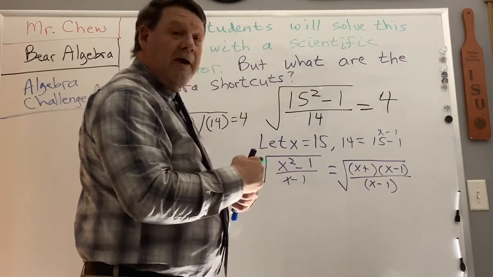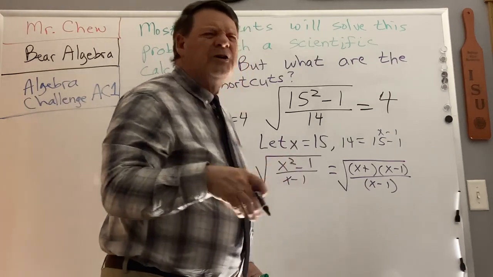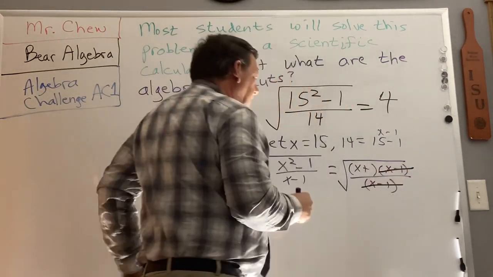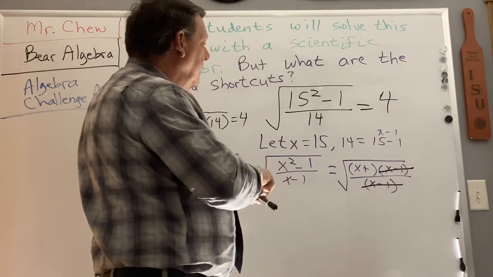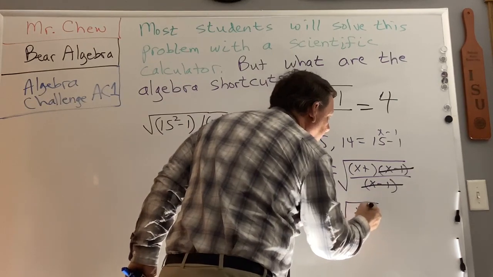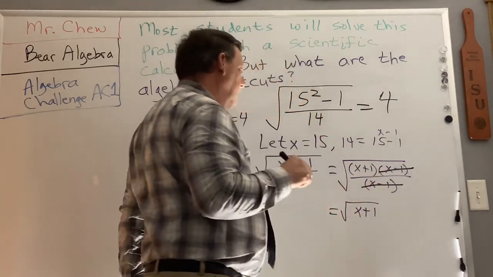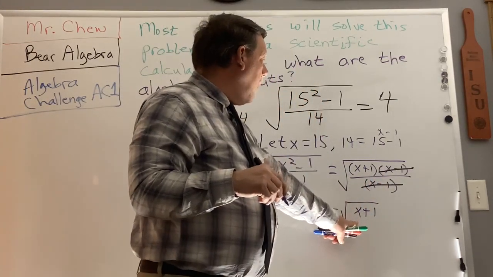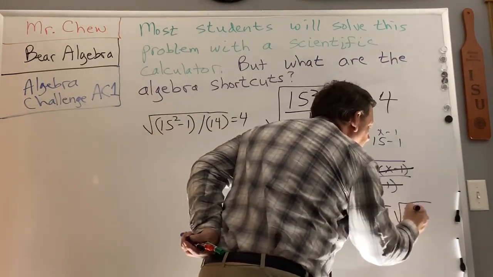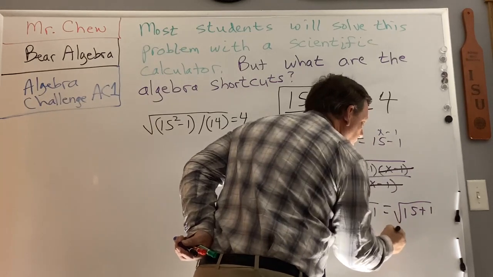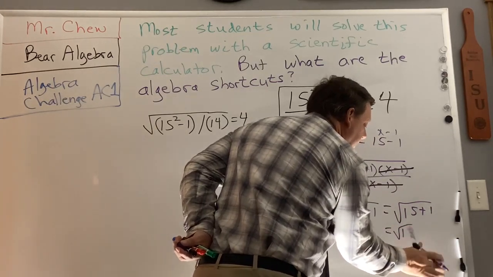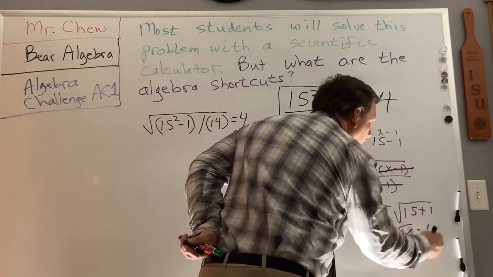So I can cancel, and most teachers will say you're canceling it, you're really dividing by the same common factor. And look what you have left. You have the square root of x plus 1. All right, so what is my x? 15. And the square root of 15 plus 1 is 16. And the square root of 16, as you know, is 4.